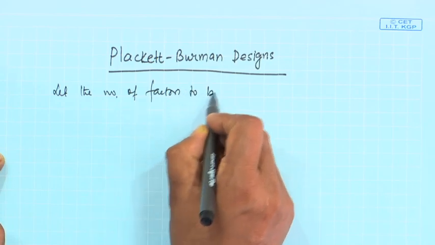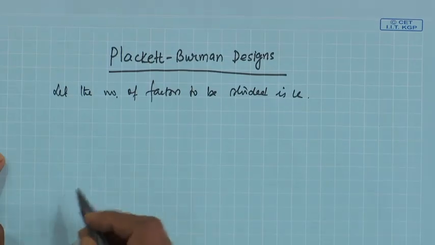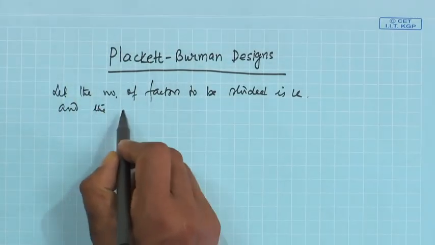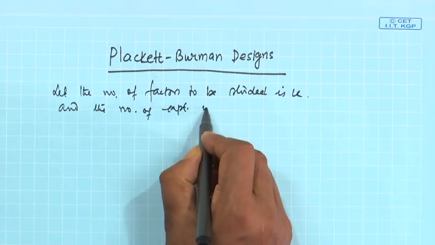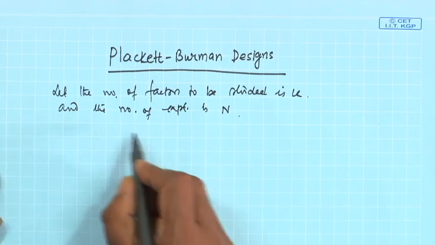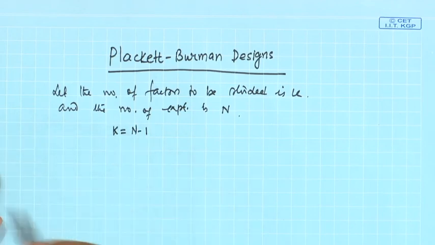So, let the number of factors to be studied be k and the number of experiments be n. So, Plackett-Burman design is used when k equal to n minus 1.